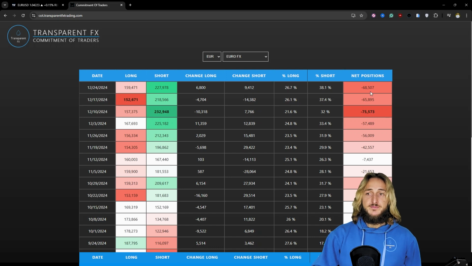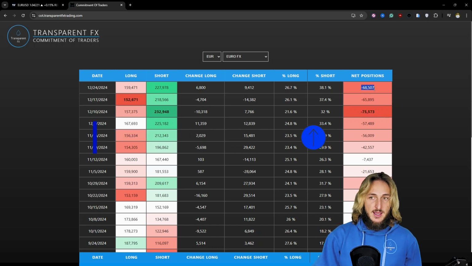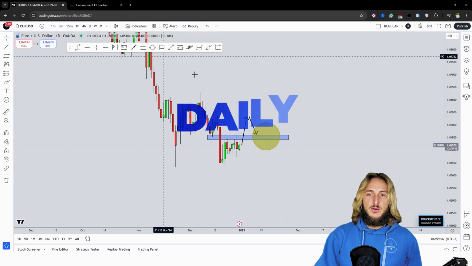And we can notice how with the very last few reports, net positions have once again started increasing. We went from minus 75k to minus 68k net positions. So slowly, institutions are starting to move once again back to the bullish side for the euro. And we can notice how institutions have also, in fact, started decreasing their shorts, going from 232k to 227k. So Euro USD is looking quite strong.